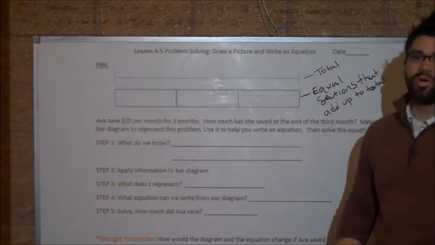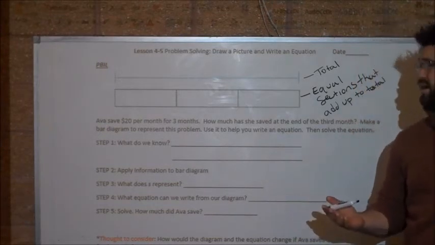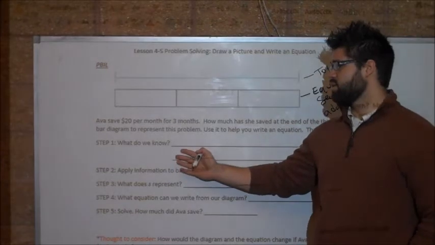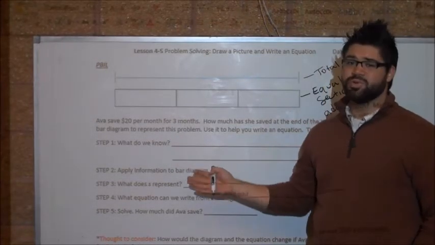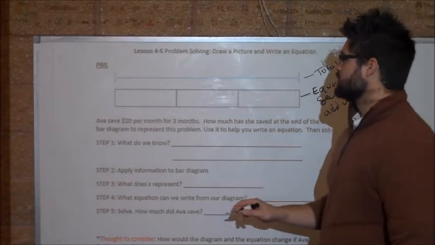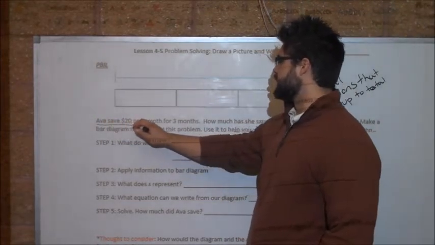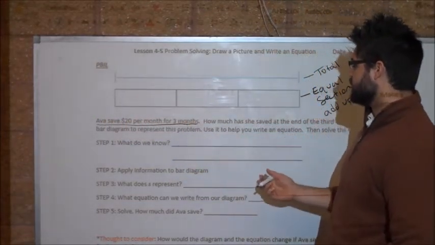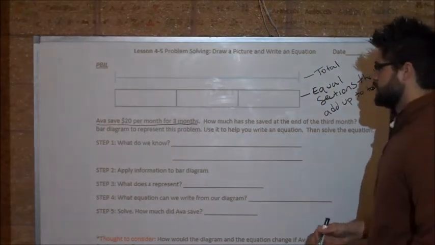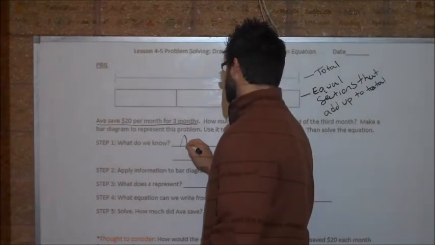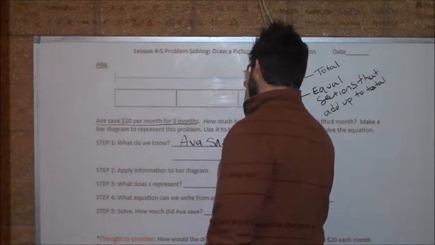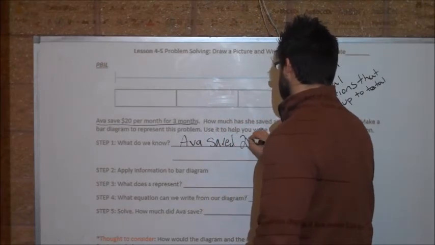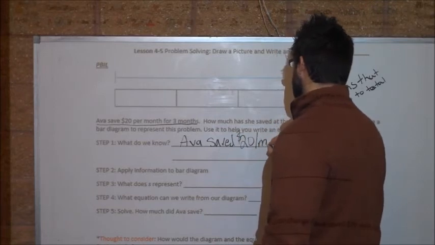When you're solving a word problem, you can think through a couple steps in your head. Step 1, stop and underline the important information. So what do we know? We know that Ava saved $20 a month.